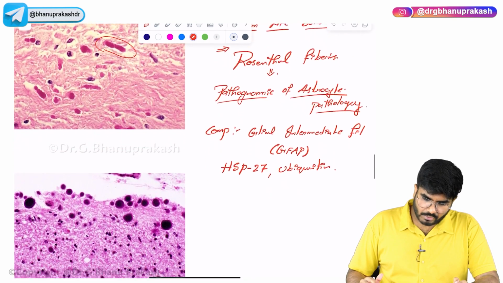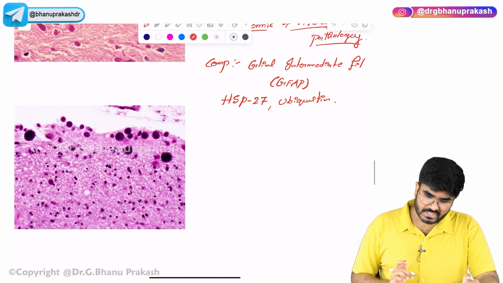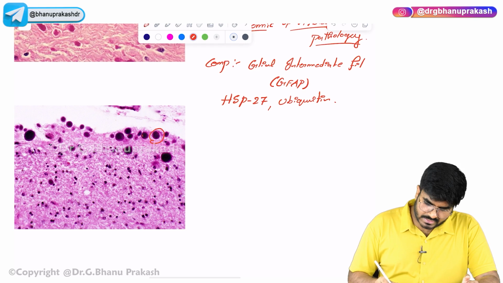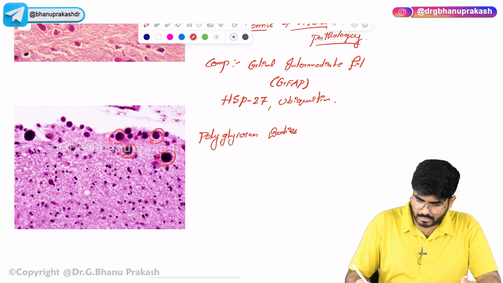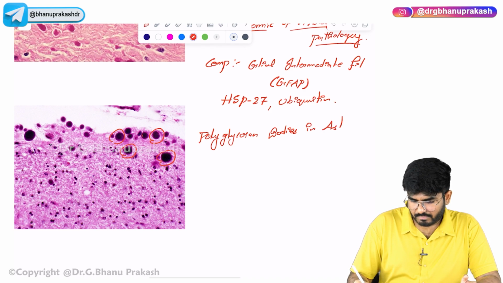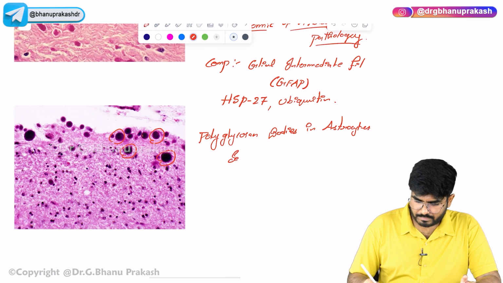Next, in this image, what are you seeing? These bodies which you are seeing on the histology are polyglucosan bodies inside the astrocytes, seen in degenerative changes.